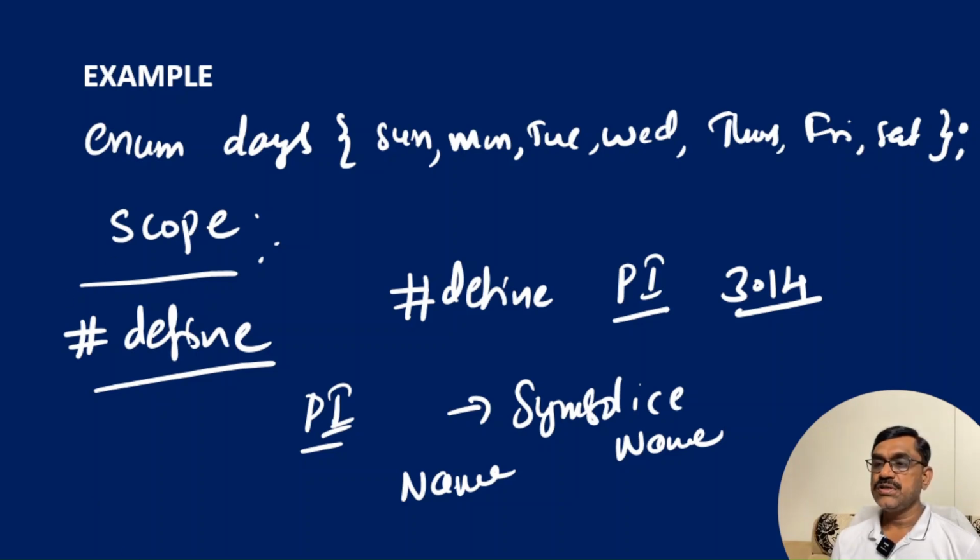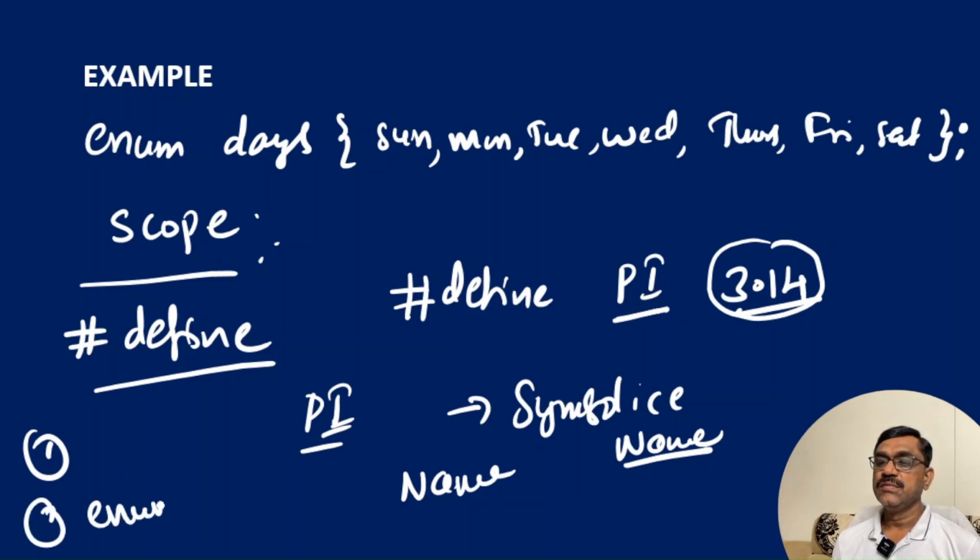The first important thing you should identify here is that by using hash define, we are providing the value for the variable or the name. By default, the value is not assigned for the name pi in hash define. But in case of enum, integer values are assigned starting from the first data member. What is the first data member of enum? Sunday.